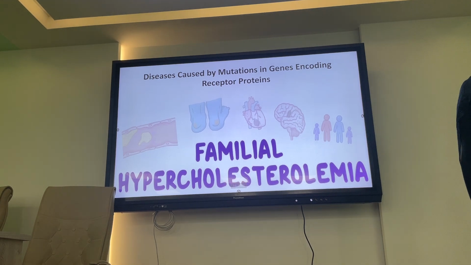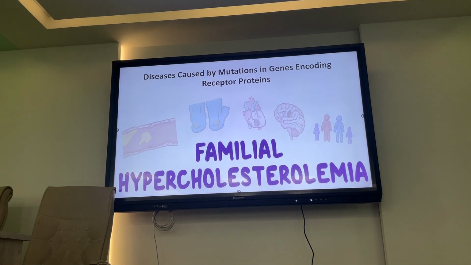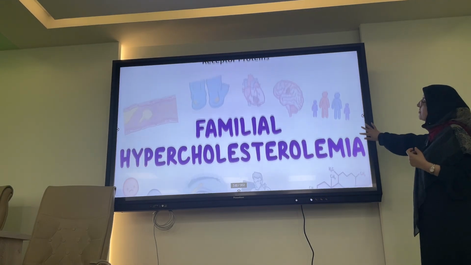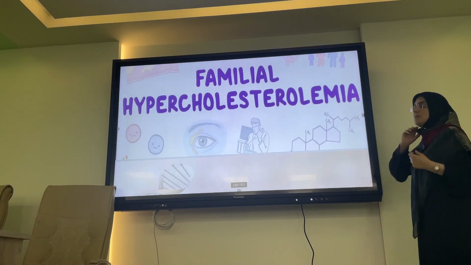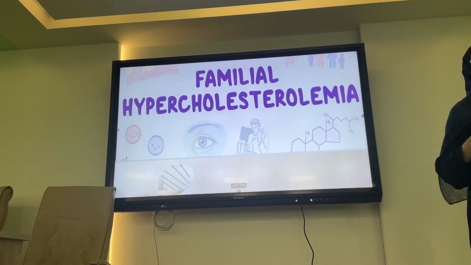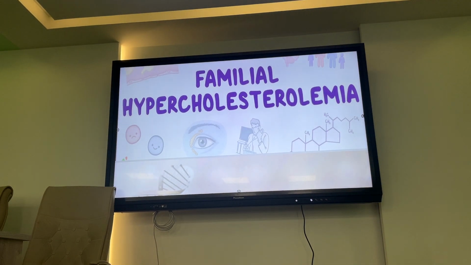Disease because of mutation in a receptor. An example is familial hypercholesterolemia. When you sit in your clinic, you may visit a child with myocardial infarction, with stroke.